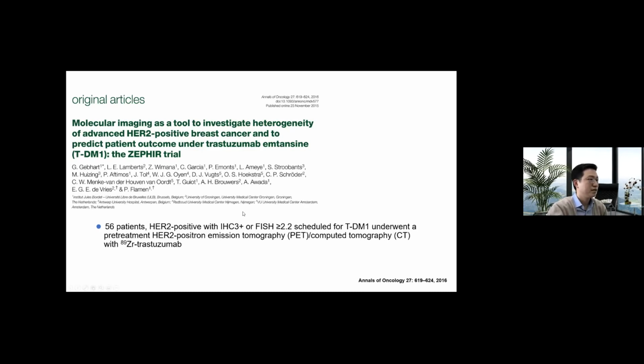In this study, 56 patients who were HER2 positive according to the biopsy-based method were enrolled. Since they are HER2 positive according to the biopsy, TDM1, which is an antibody drug conjugate of trastuzumab, a HER2-targeted therapy, was performed. But before that, HER2 PET-CT imaging was done.